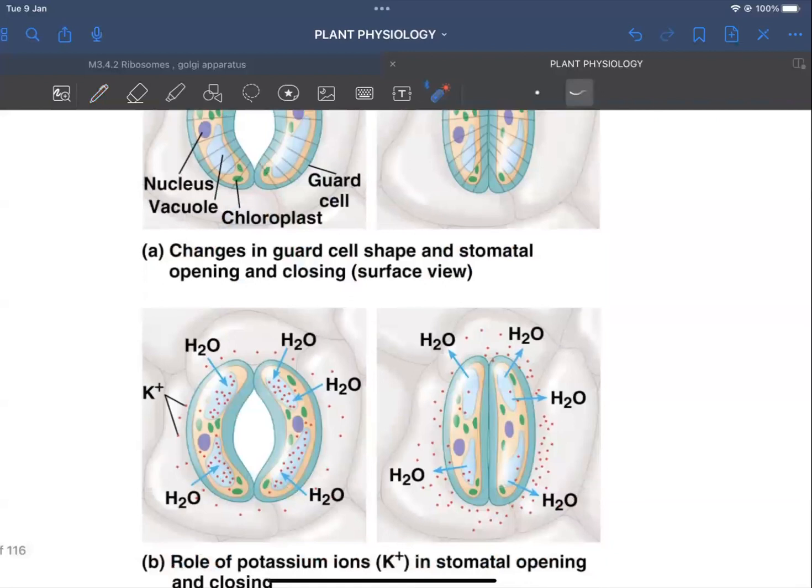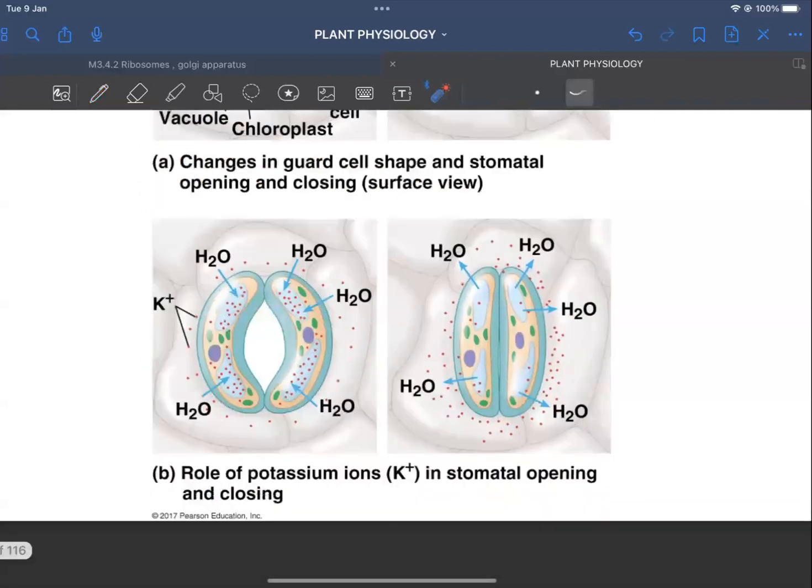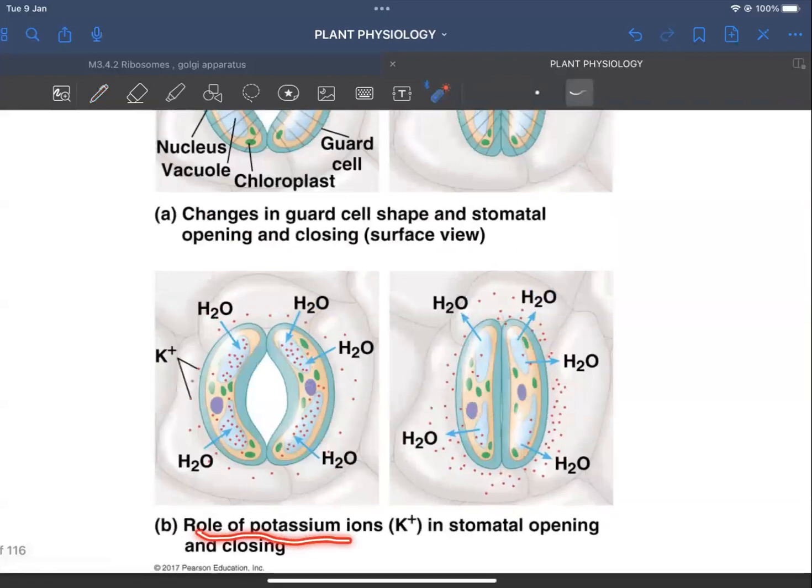Okay, and then these are the changes in guard cell shape and stomatal opening and closing, and this is the role of potassium ion. How does the role of potassium ion affect the opening and closing of the stomata?